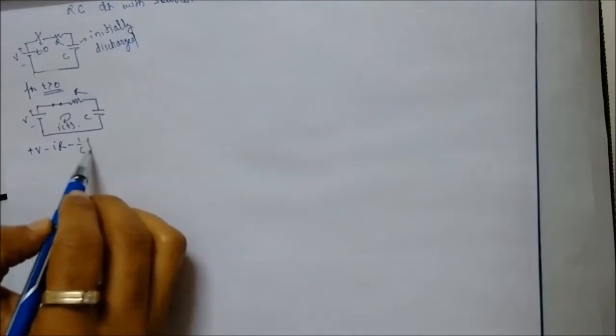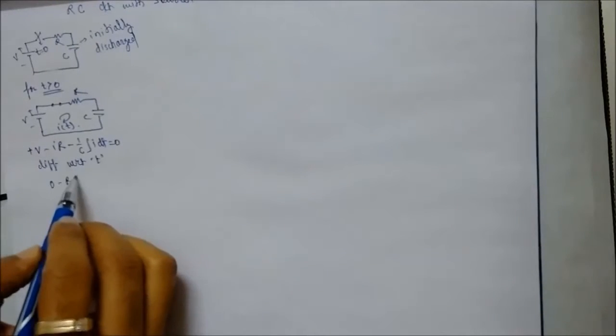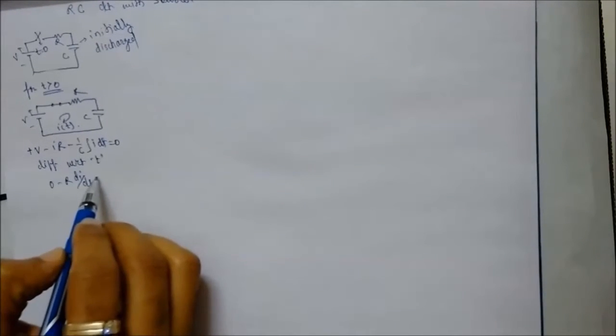Then using KVL we can write plus V minus iR minus 1 by C integral i dt is equal to 0. Differentiate with respect to t, we get 0 minus R di by dt minus 1 by C i is equal to 0.